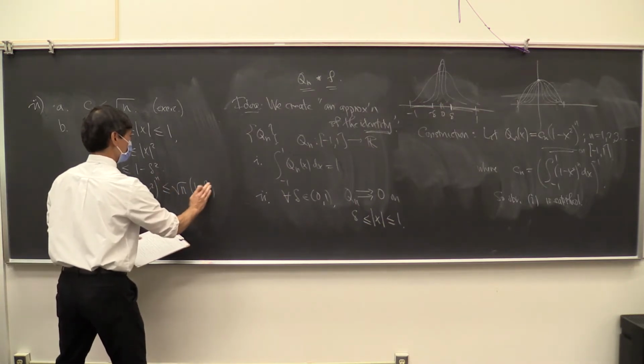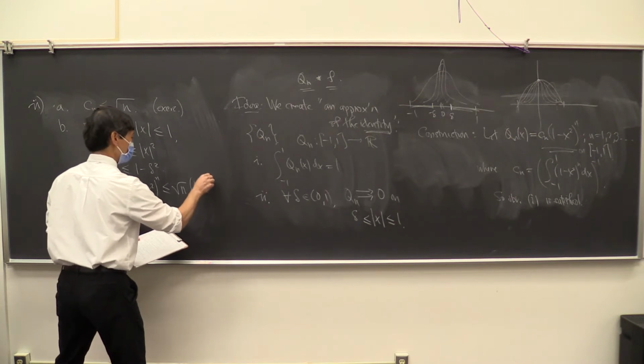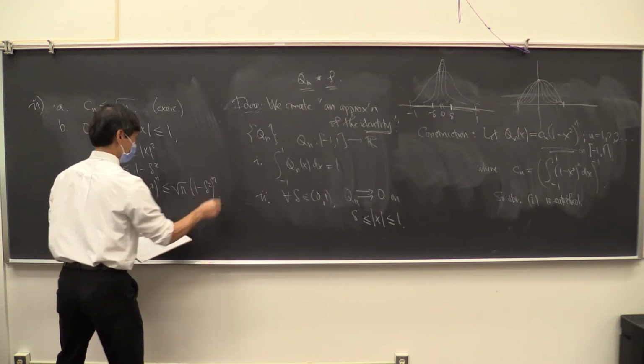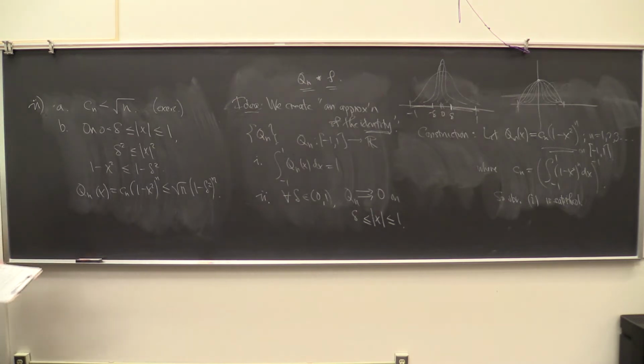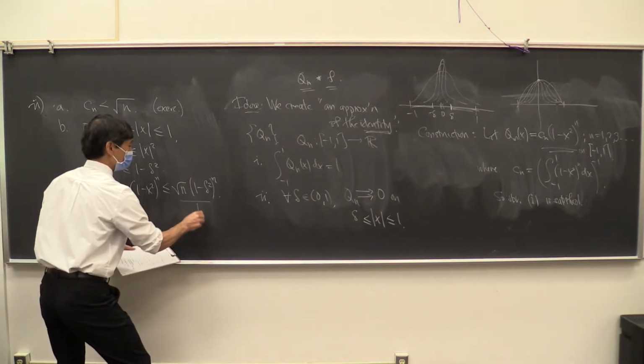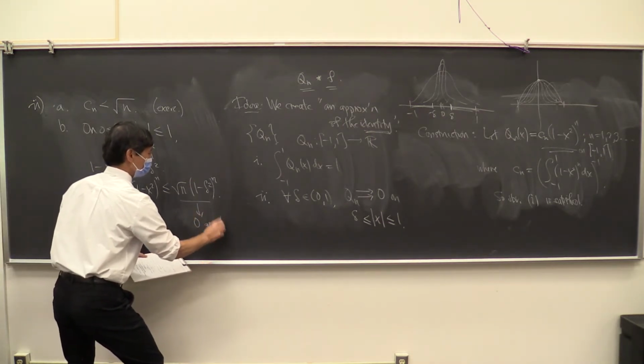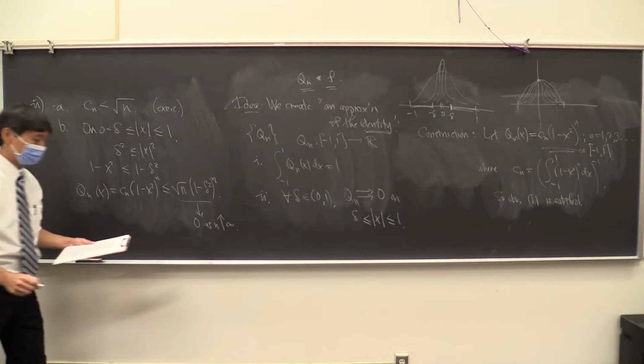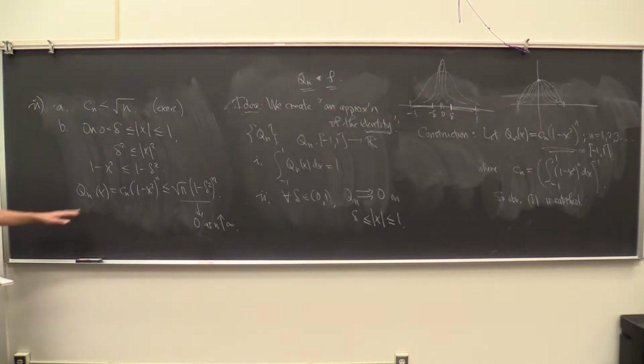So this is smaller than the square root of n times (1 minus delta squared) to the n. And then this thing goes to 0 as n goes to infinity. So that gives you your uniform convergence.